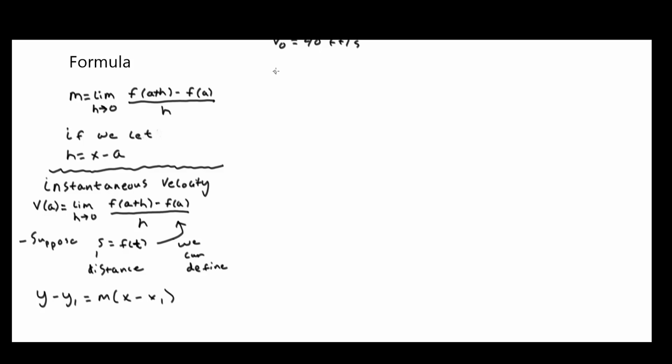So we want to find, let's assume we're going to throw a ball in the air at this initial velocity of 40 feet per second. So we want to find our height in feet after a certain amount of time. Or excuse me, this is our function for distance.